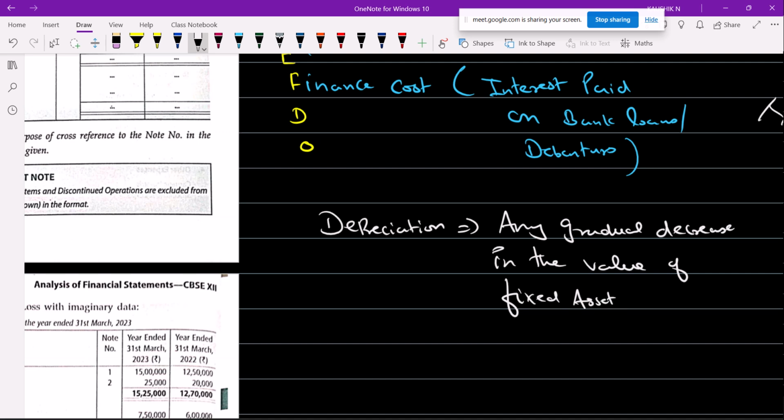So depreciation is any gradual decrease in the value of a fixed asset, and this fixed asset should be tangible. If the value of any tangible fixed asset is decreasing, then the term we record is depreciation.